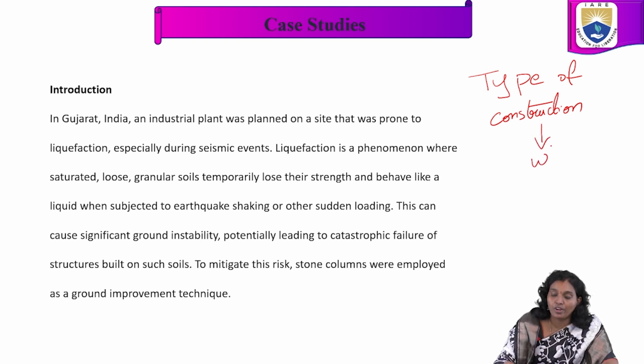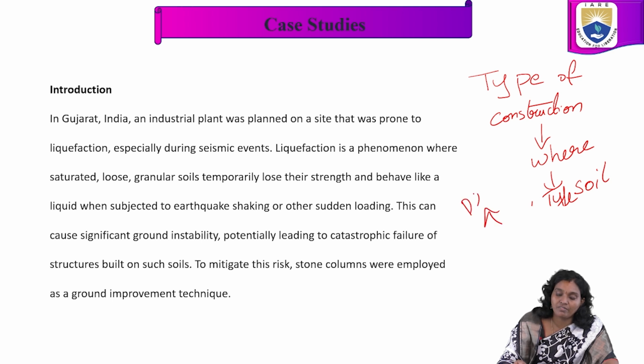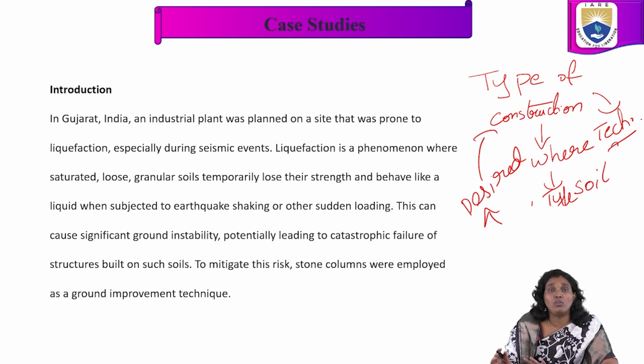Where are we going to construct? What is the type of the soil? What are the desired requirements for the construction? So we choose the required technique. This is the process we follow for adopting ground improvement techniques.